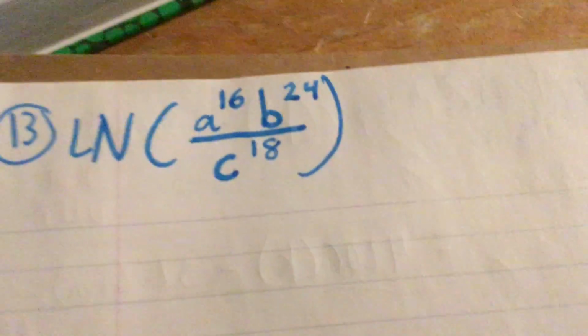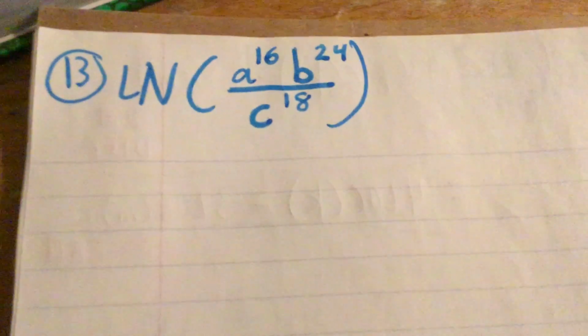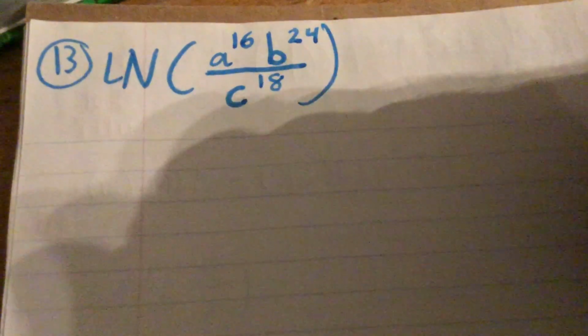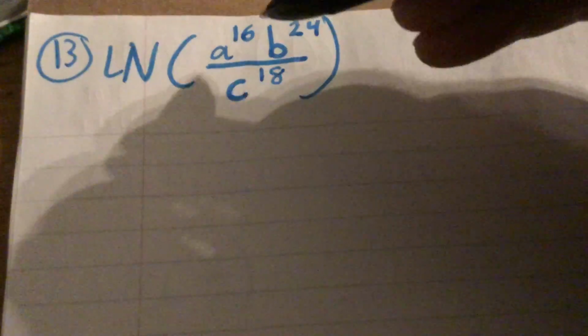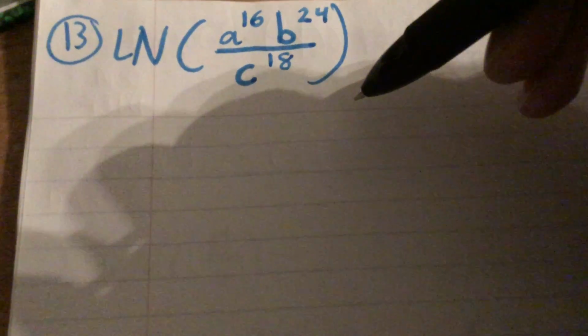So in particular, let's make problem number 13 a lot easier. I'm going to show this with the easier way. Natural log of a to the 16th, b to the 24th over c to the 18th. I could do ln of a to the 16th, b to the 24th over c to the 18th, but you know what?